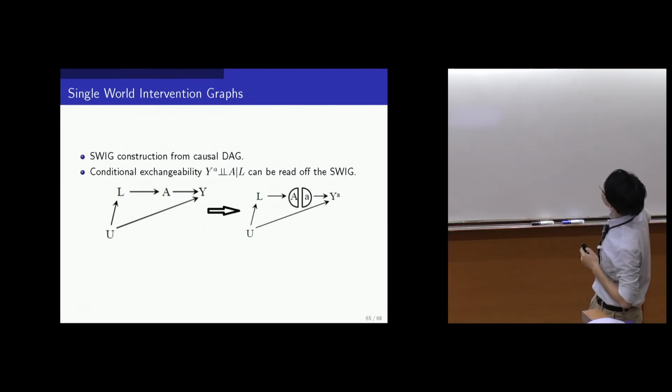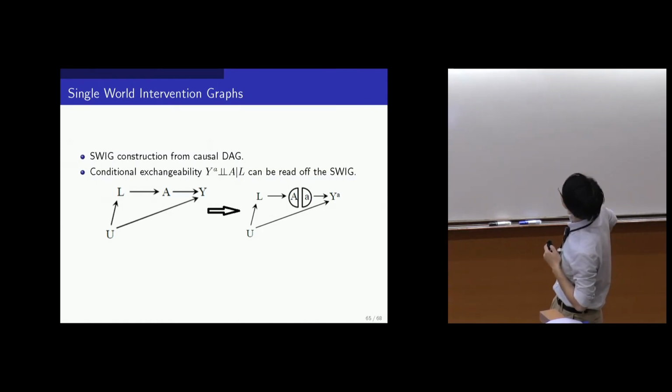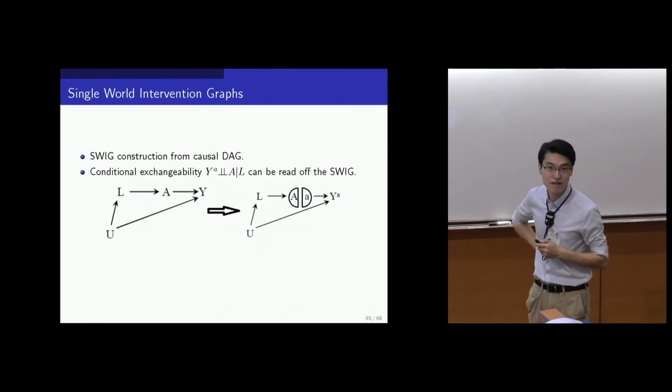And we can read off the conditional exchangeability assumption from this SWIG, right? So how do we look at it? Notice the A and this Y of little a, there's a backdoor path, right? But if you condition on L, then this backdoor path will be blocked. Therefore, conditional on L, the potential outcome is independent of A.